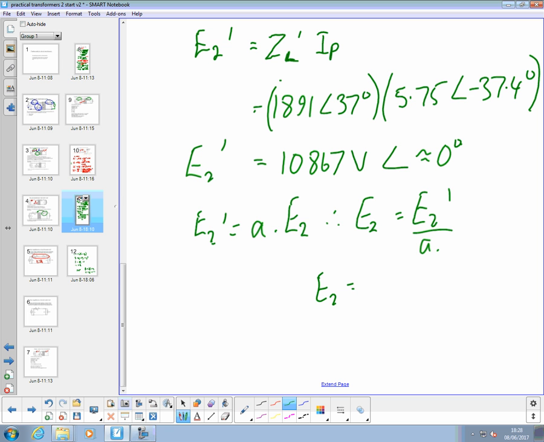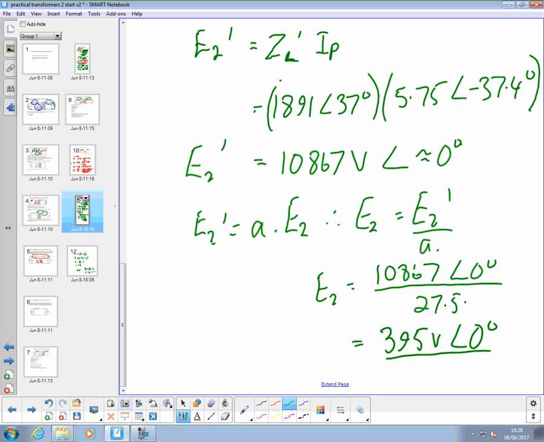E2 is equal to 10867 divided by 27.5, which is 395 volts, angle 0 degrees.